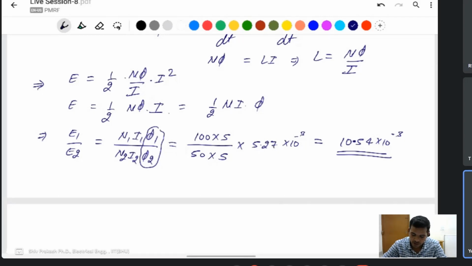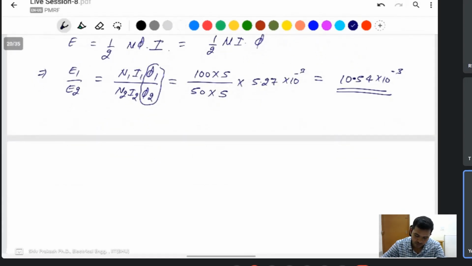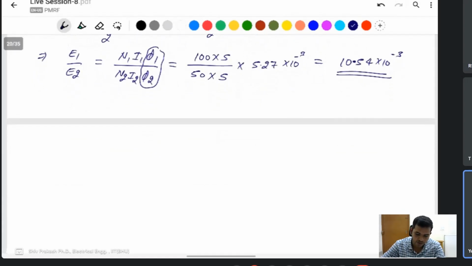Same thing: if flux is reduced, then energy is also reduced. Energy is proportional to the flux.